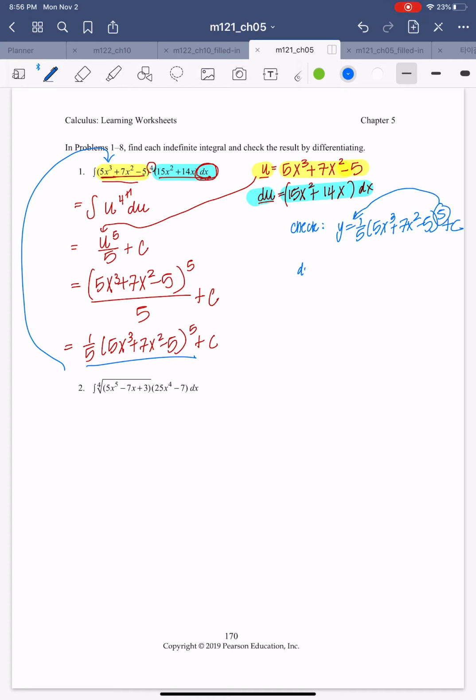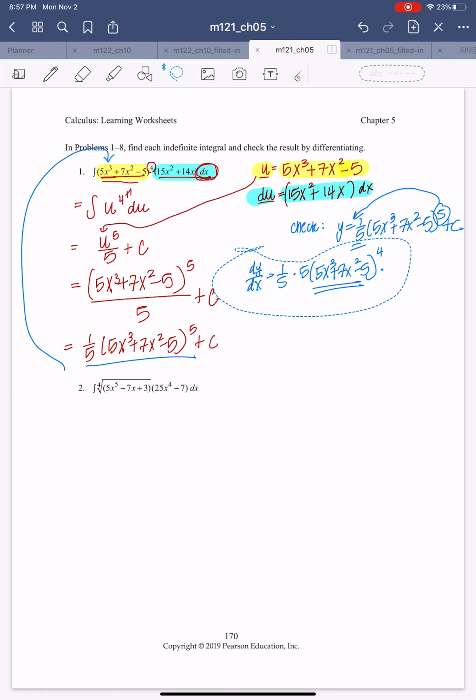So my dy dx, I have 1/5 originally, but the 5 comes down. And then you have this inside function, lowered down by 1. But what happens? I have to multiply by my chain, right? The inside.